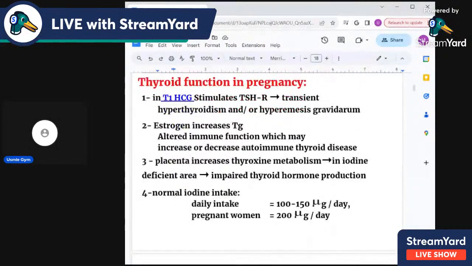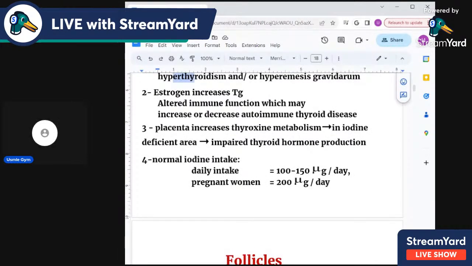Now, thyroid function in pregnancy. In the first trimester, HCG stimulates TSH receptors and may cause transient hyperthyroidism, and HCG also causes hyperemesis gravidarum. Then the placenta increases thyroxine metabolism.